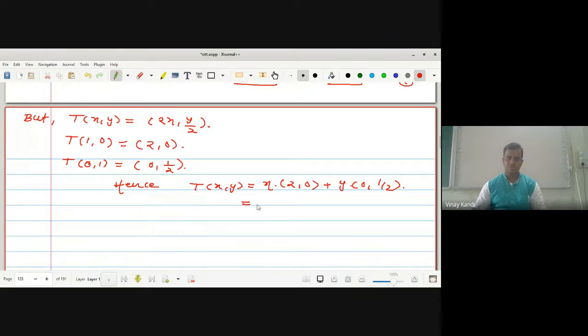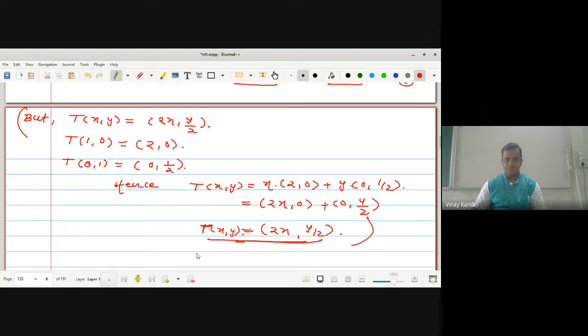Okay, so this implies we have 2x into 0 is 2x and 0, plus 0 and y upon 2, which is equal to 2x plus 0 is 2x, and 0 plus y by 2 is y by 2. Hence, write down in bracket, we have T of xy is equal to T of 2x comma y upon 2.